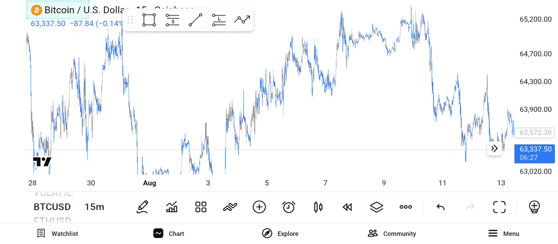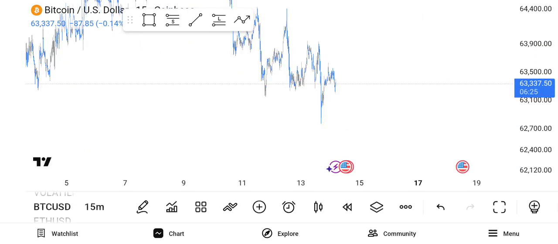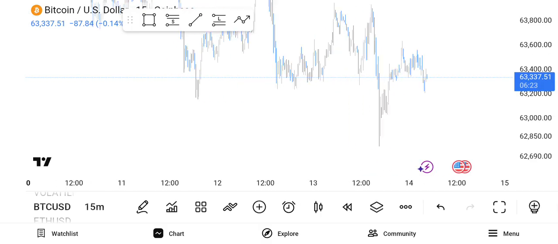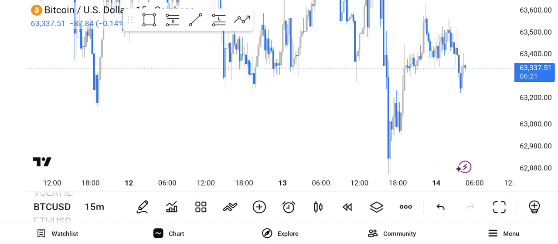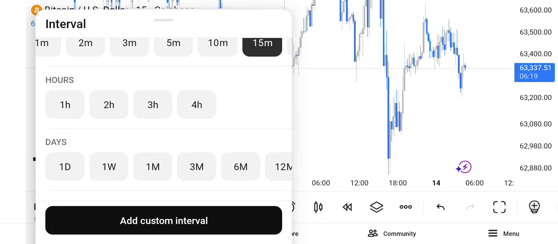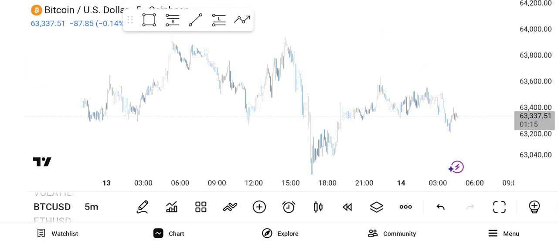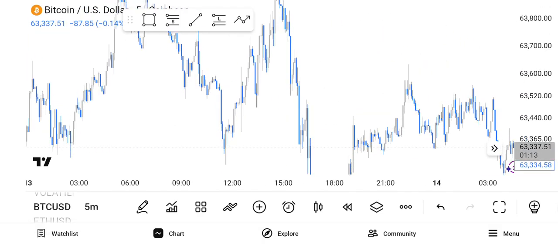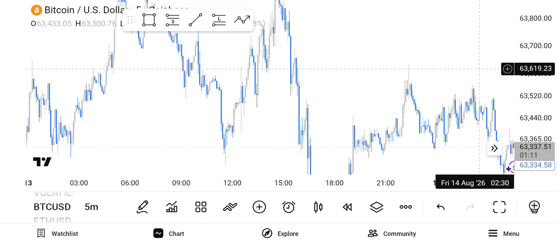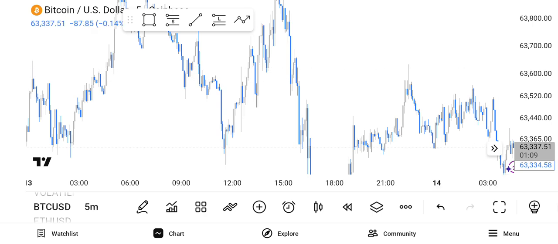Let's see if we can find something on the 5 minutes. Let's scale down as much as we can. Let me see if I can find supply zones and demand zones on the 5 minute.